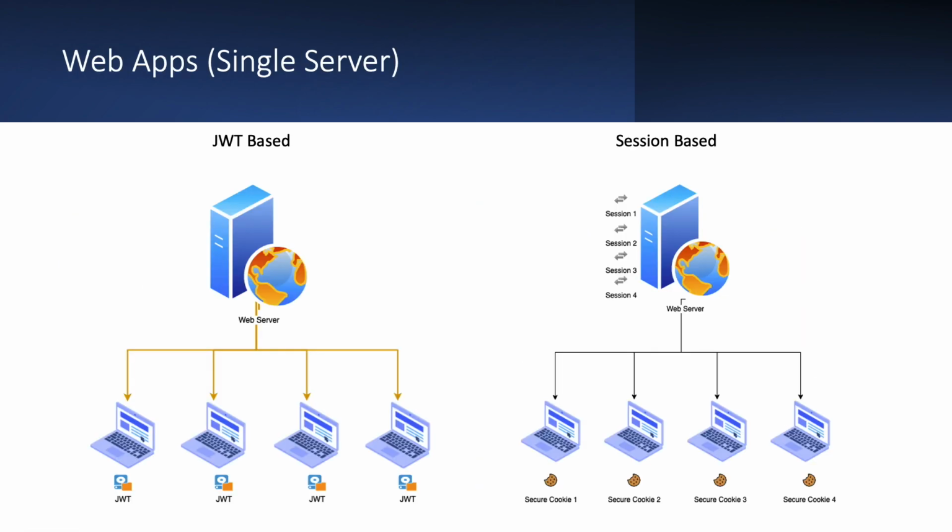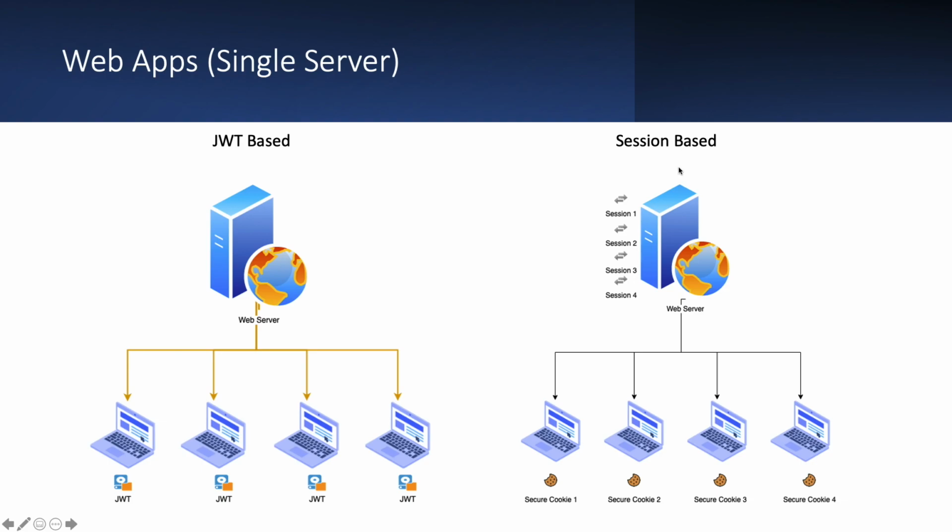So next, let's discuss this at a bigger scale. Here we have a web application with a single server, and we can see both of these servers act the same. We have a JWT based server where the token is sent to the server, and then the response is sent back to the client.